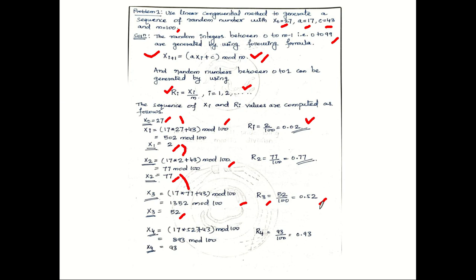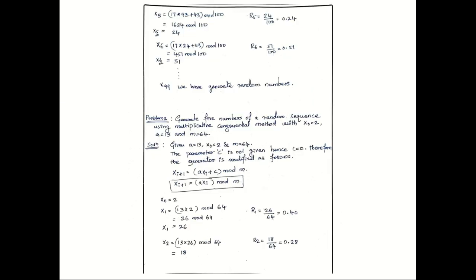We will similarly calculate the random integers x4, x5, x6, x7, x8, x9 and so on up to 99, and the equivalent random numbers, using this equation.